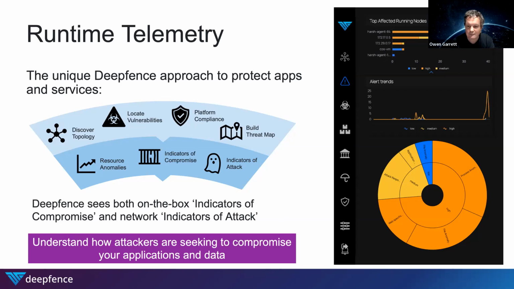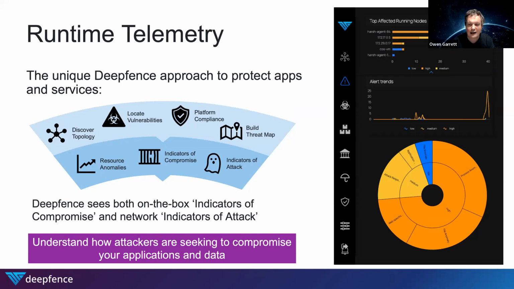And as you'll see, the Deepfence solutions can pull network telemetry from every node hosting workloads within your infrastructure. We don't just see the north-south traffic coming in and out of your application, but we provide full east-west instrumentation and visibility of attack traffic.